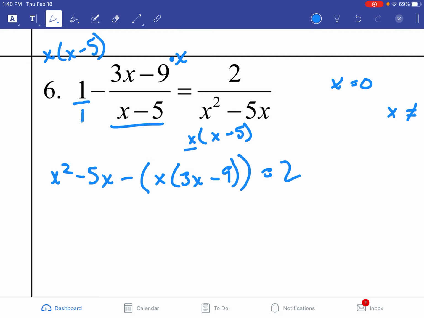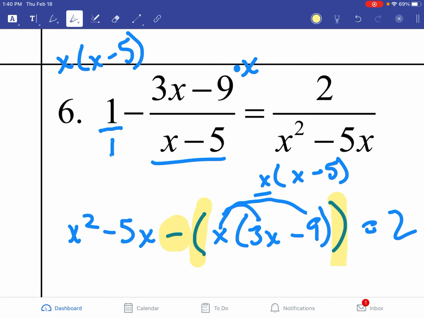Not only are we multiplying this x times the 3x and the 9, this negative sign here causes issues because that's being multiplied by all the terms of that second fraction. So that's why I put the parentheses around the 3x minus 9 parts. Because you have to multiply that negative sign by all the terms inside of that parentheses.